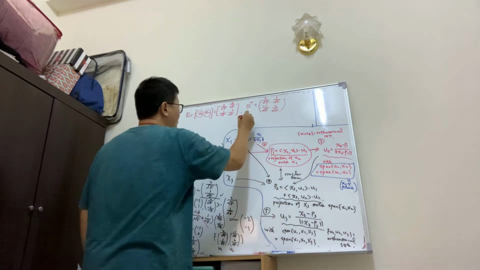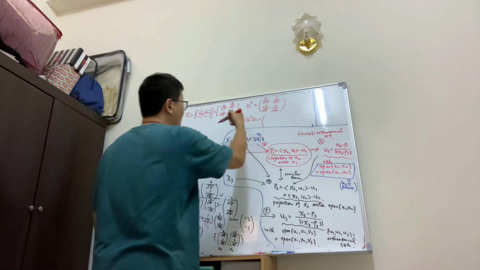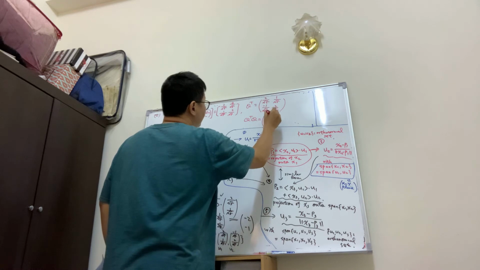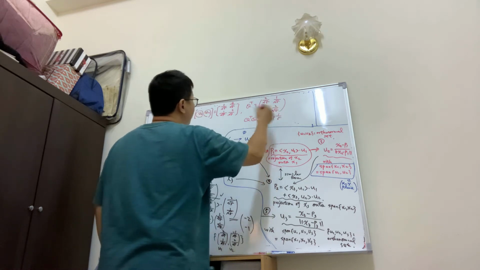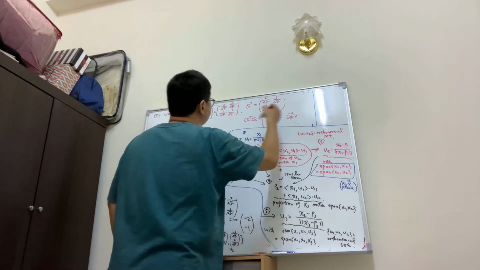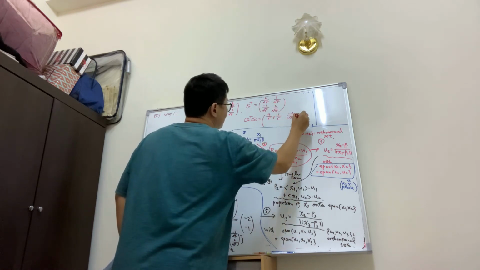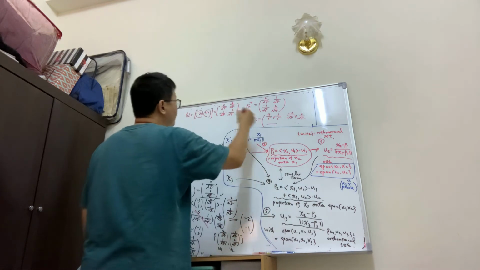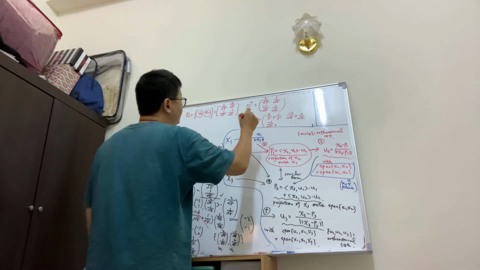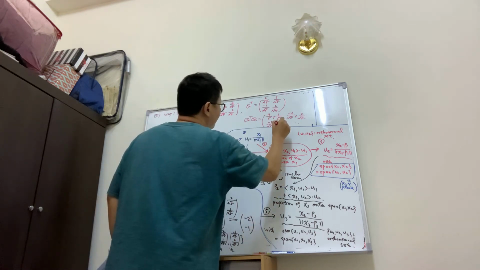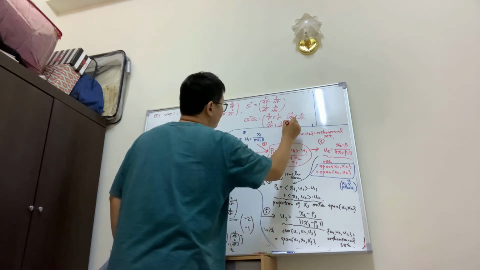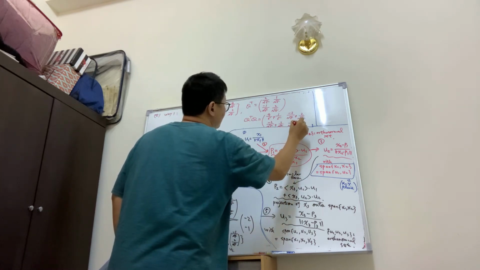You can really check this just by definition. The entries are 4 over 5 plus 1 over 5, then negative 2 over 5 plus 2 over 5, again negative 2 over 5 plus 2 over 5, and 1 over 5 plus 4 over 5. All of the denominators are 5.